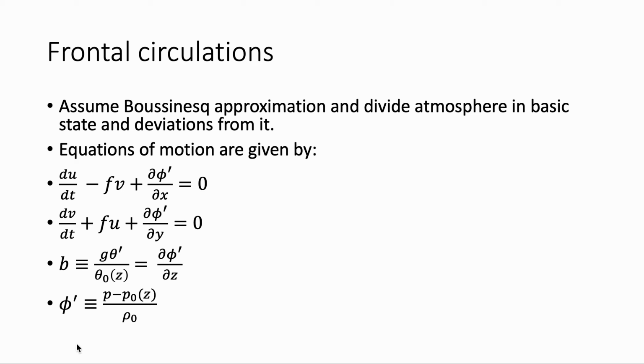Phi is a geopotential function that we can use to define the geostrophic winds. We're also going to work with buoyancy, so phi is over here, B is the buoyancy function. Okay, so we rewrite the equations of motion.